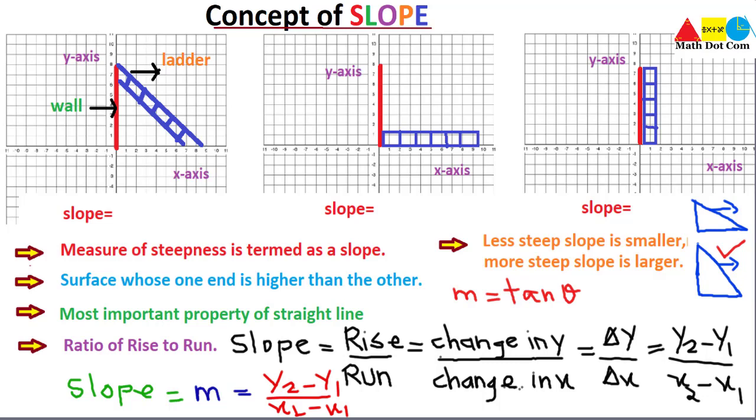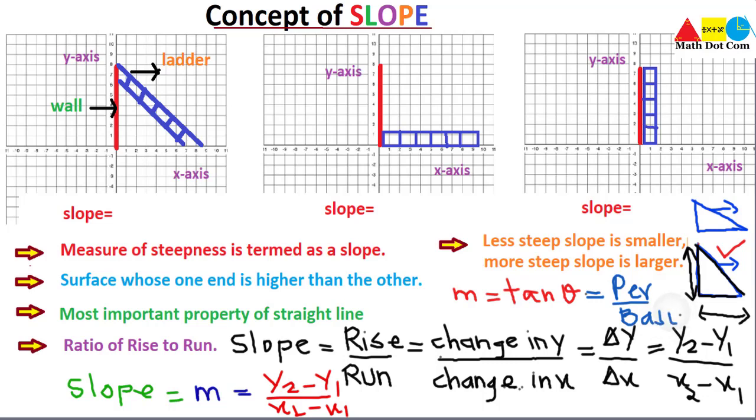If I take this diagram, here we have a change in x and here a change in y. So the change in x is basically the base and the change in y is basically the perpendicular. So by looking at this diagram, you can say that tan theta is equal to perpendicular over base, as we know from the trigonometric ratios.